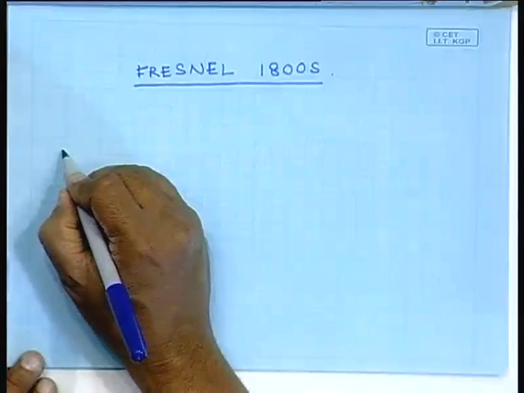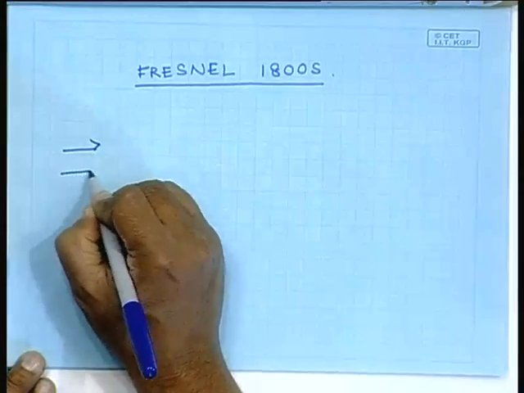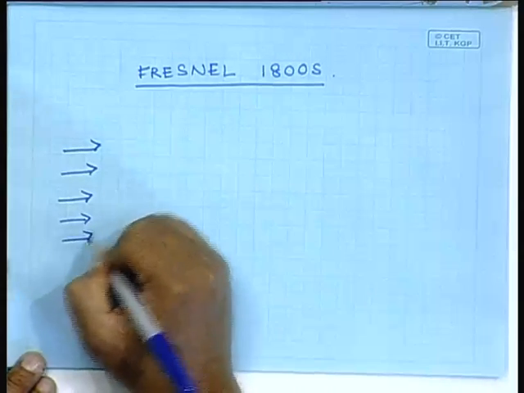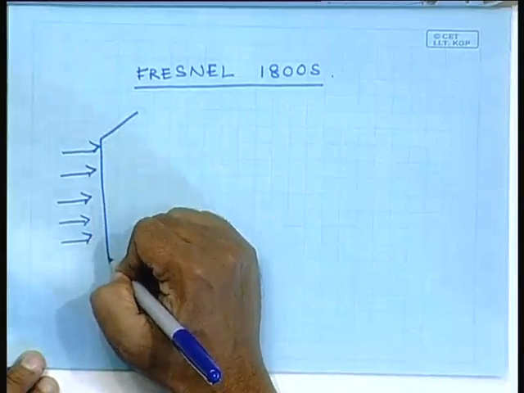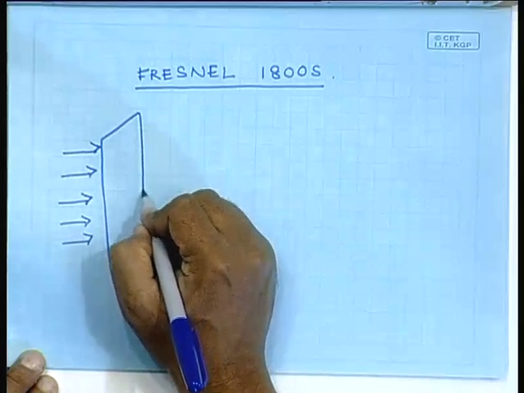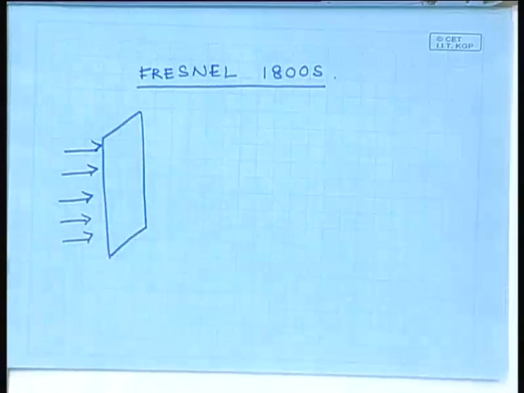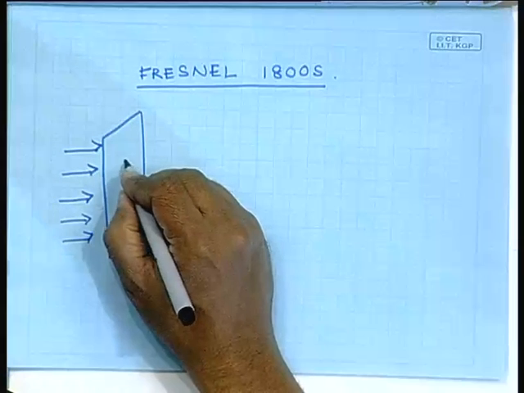So, we will consider a situation where we have a wave incident. Let us say it is incident on a screen like this, and the screen is opaque except for an aperture through which the light can pass through.